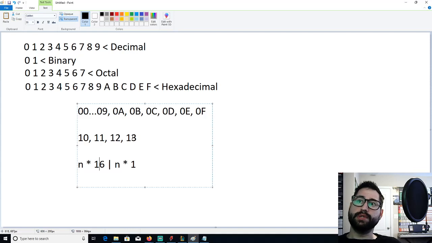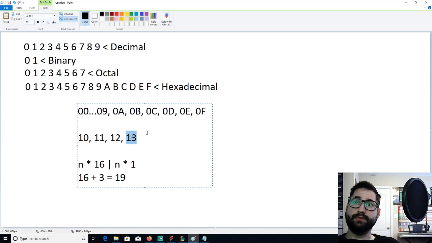So when we see 13, what does this actually mean? Well, we take the 1, multiply it by 16, which gives us 16. And then we add in the 3 times 1 is 3, which equals 19, right? And that's all it is.